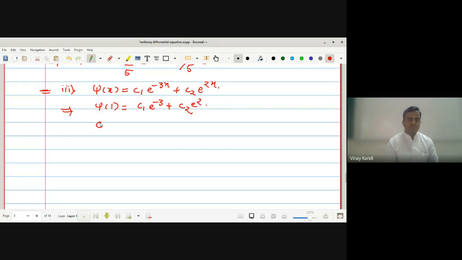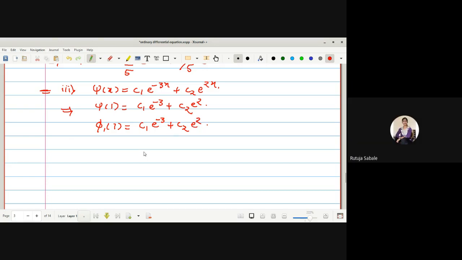Okay, and also psi of 1 is equal to c1 e raised to minus 3 also and c2 e square. Okay, any doubt? No, sir.